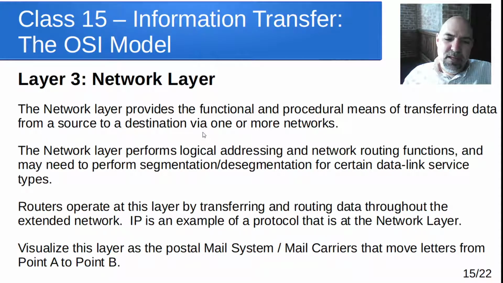And one thing is to visualize that layer as the postal system and mail carriers moving letters from point A to point B. So for example, when you drop something in the post office, they maybe sort that into a basket for a certain zip code. And that basket for that certain zip code, you can think of that kind of like Ethernet. But then as it gets routed, it gets put on a truck.